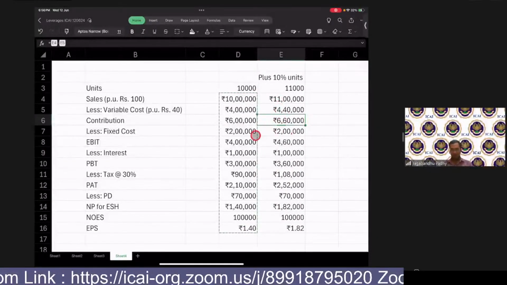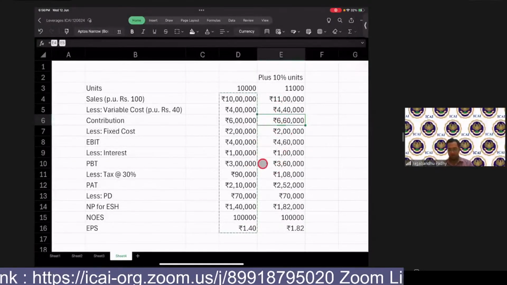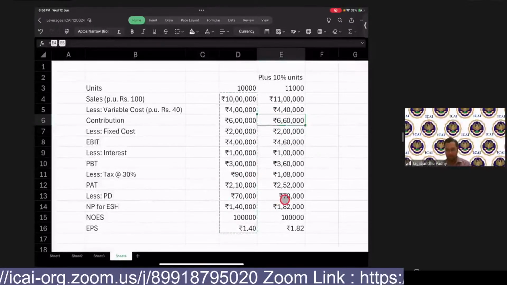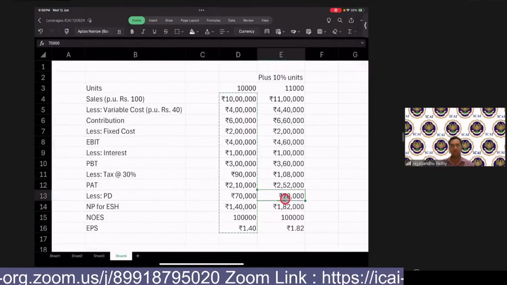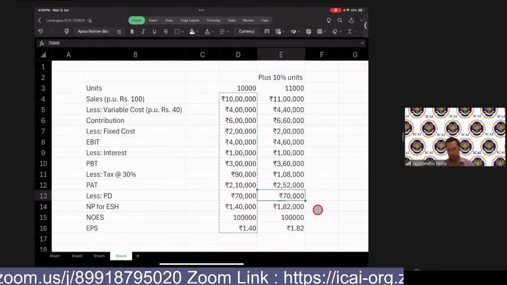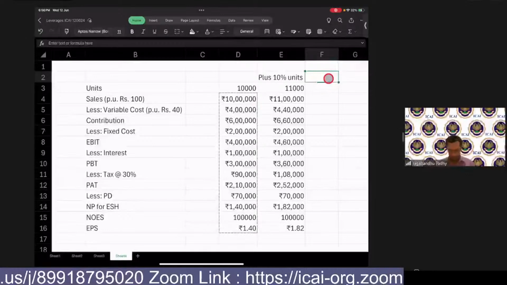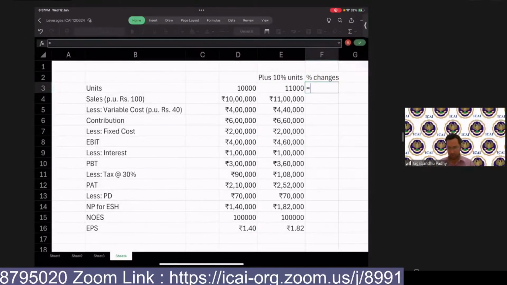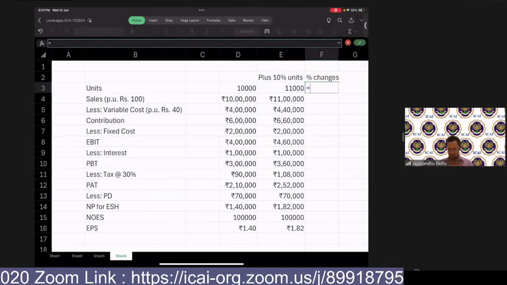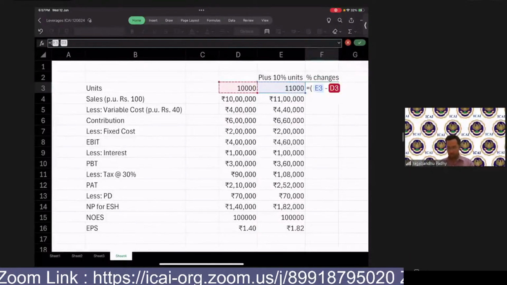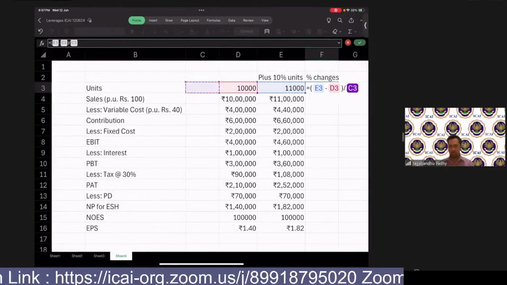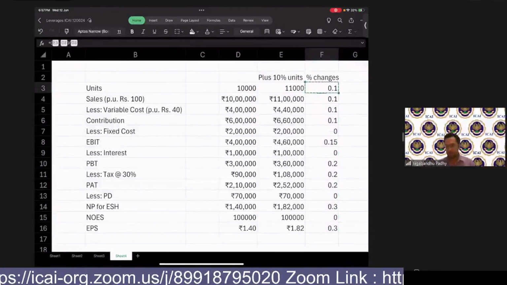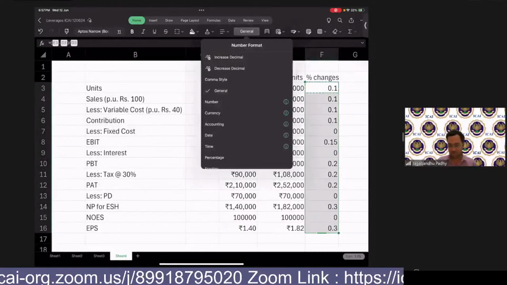Variable cost 6 lakh 60,000; fixed cost remains the same, interest remains the same, profit before tax increases, less tax we subtract that, and then the preference dividend also remains a constant figure of 70,000. So if you look at percentage changes, the percentage change is simply new value minus old value divided by the old value. Let's see what the percentage change is in this.